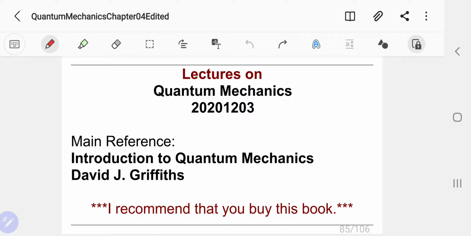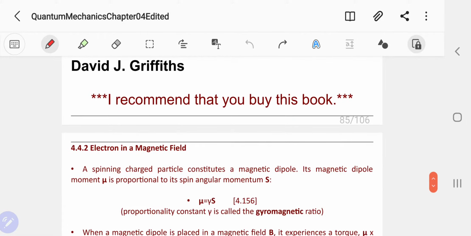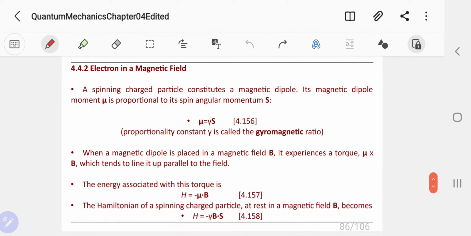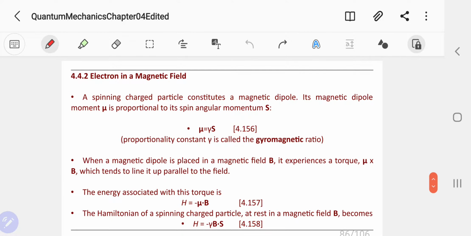So to continue with our discussion, let's go immediately to electron in a magnetic field. A spinning charged particle, for example electrons, constitutes a magnetic dipole, and the dipole is in the z direction if it is spinning counterclockwise on the xy plane.